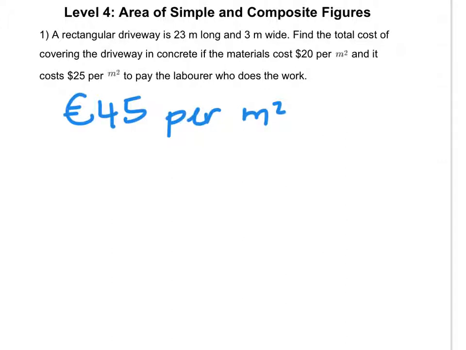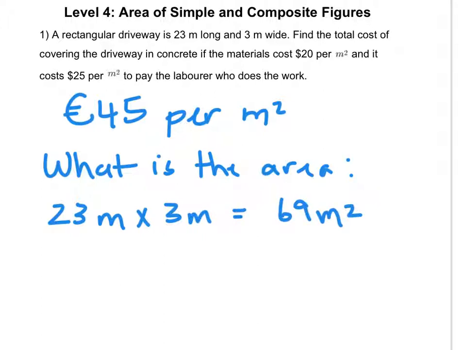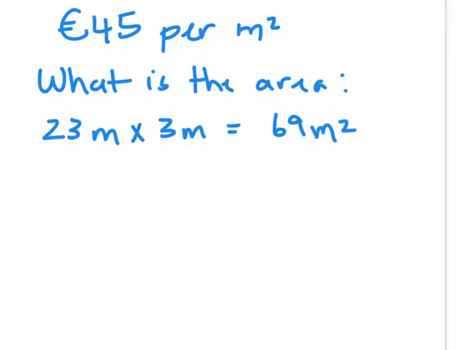Now, what is the area? That's what we need to find next. What is the area? So what do we do? Well, it's 23 meters by 3 meters, so 69 meters squared. So that's the area of the driveway. So, like we said, each meter squared costs 45.